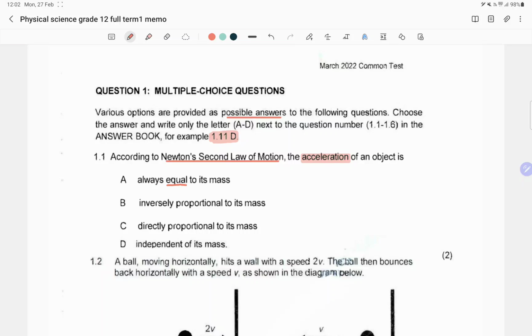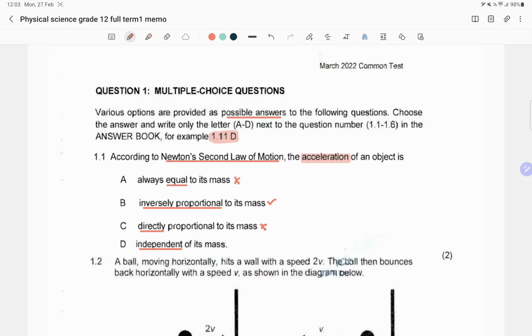It's not really equal, but it's proportional, inversely proportional. So that's not true. Is inversely proportional to its mass, that's correct. Is independent of its mass, not necessarily.